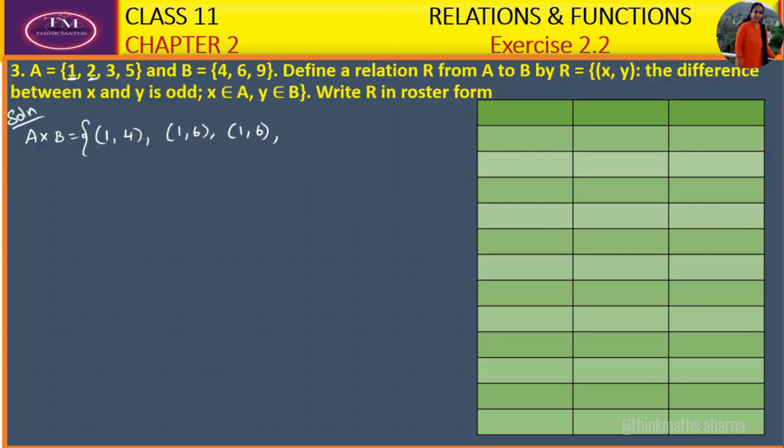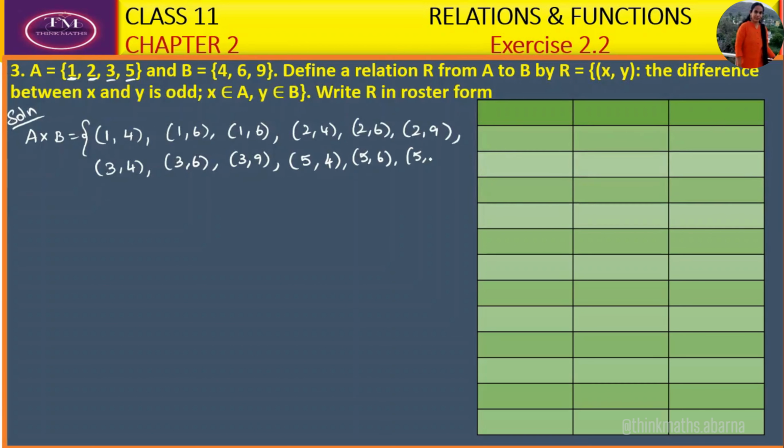Next take the second element and pair it with all the elements in B: 2 comma 4, 2 comma 6, 2 comma 9. Next take the third element: 3 comma 4, 3 comma 6, 3 comma 9. Next take the fourth element, which is 5, and pair it with 4, 6, 9: 5 comma 4, 5 comma 6, 5 comma 9. So this is the Cartesian product of A and B.